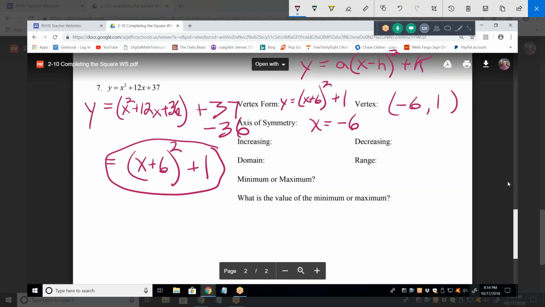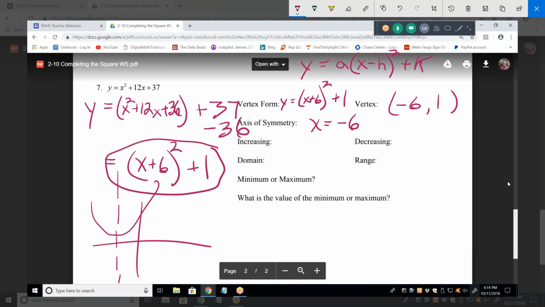I don't know if your teacher will take off for that or not. You might get away with just saying minus 6, but you shouldn't. There's the parabola. What you're talking about is that dotted line. That is the axis of symmetry. It's a line, so it needs an equation of a line.